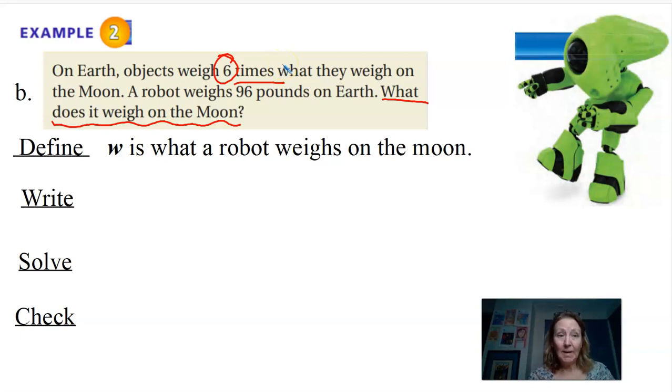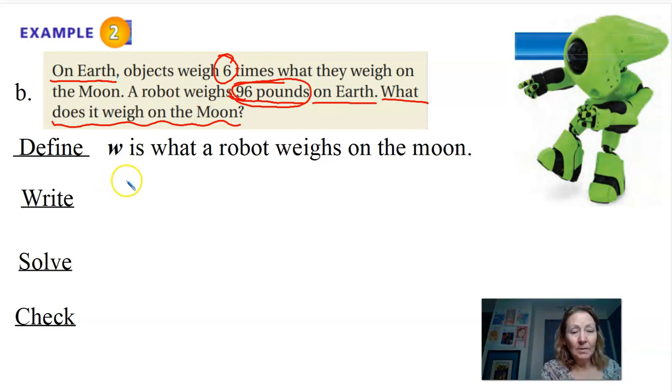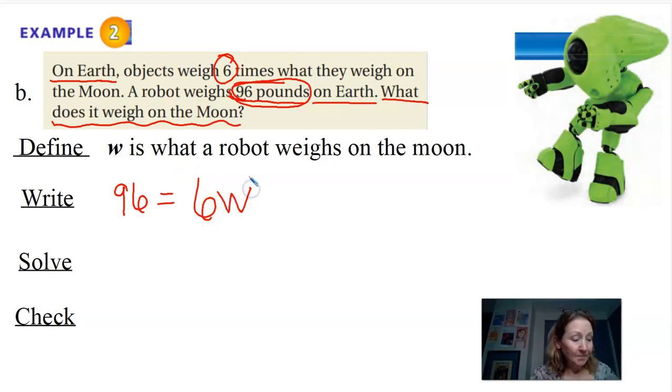Okay, so objects weigh 6 times what they weigh on the moon. So a robot weighs 96 pounds. Oops, I'm going to circle the 96 pounds on Earth. And then it says on Earth, so it's like the 96 pounds equals, so I'm thinking something like this, 96 pounds equals 6 times what the robot weighs on the moon.